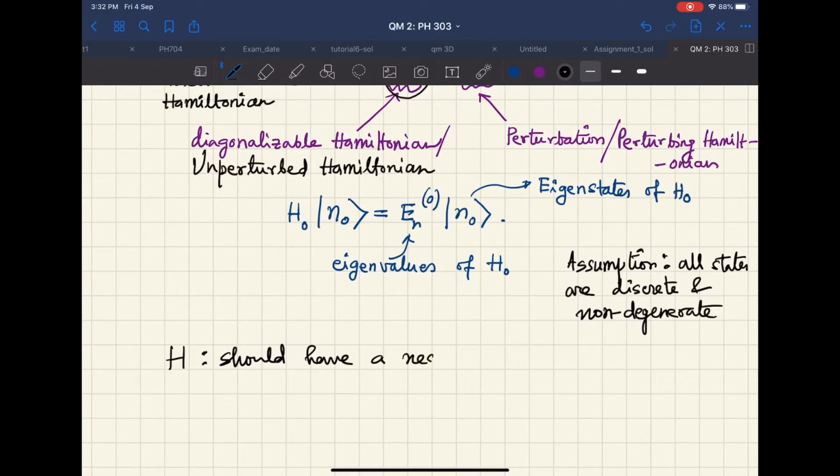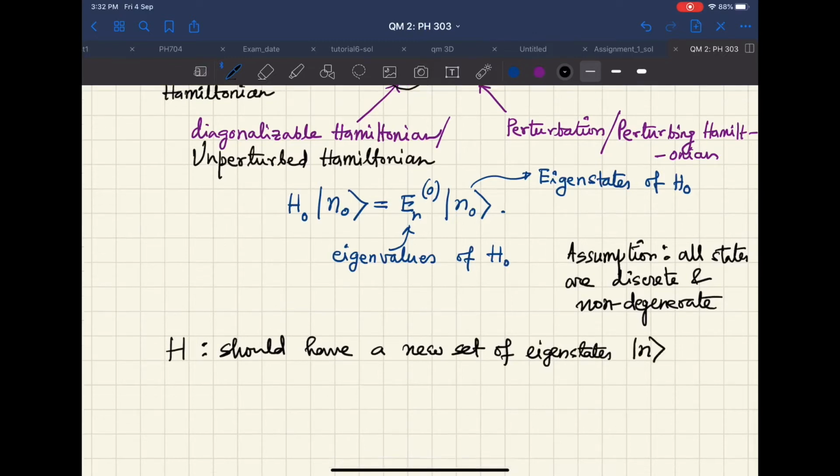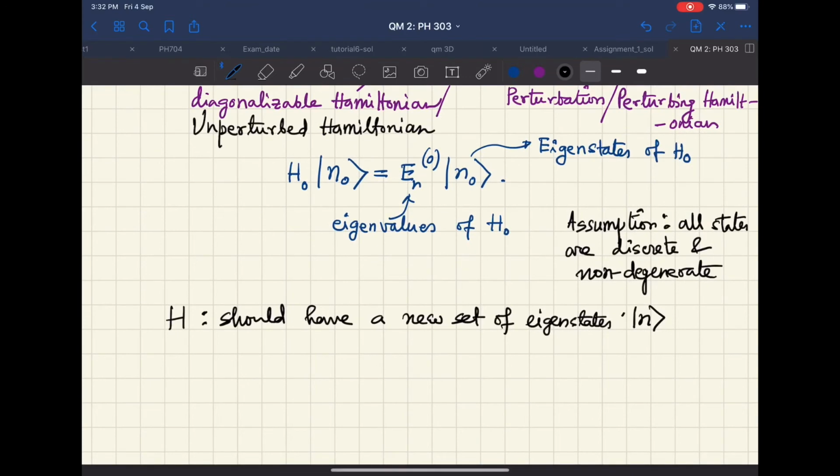So H should have a new set of eigenstates, which let us denote by ket N, and they should also have a new set of eigenvalues, which we denote by En.